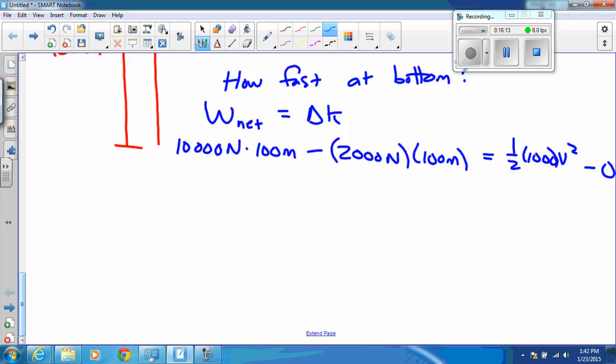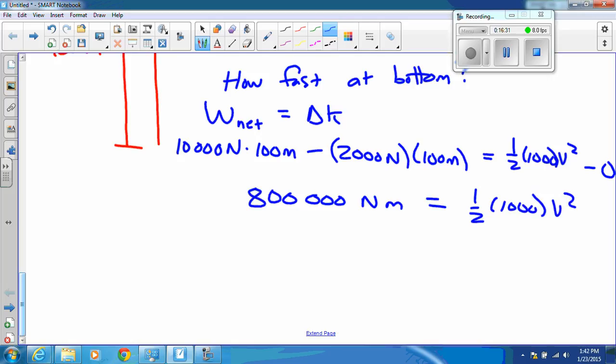Okay? And so now when I do this, it's a fairly simple thing. I'm going to get 10,000 times 100 minus 2,000 times 100, which is 8,000 times 100, or 800,000 newton meters of work done on this thing. Please do not stand under it. That is equal to 1/2 of 1,000 v squared.